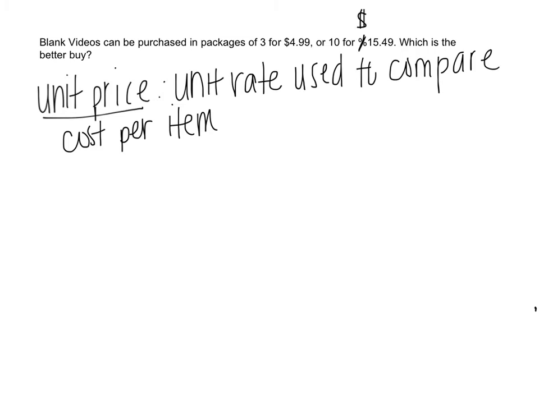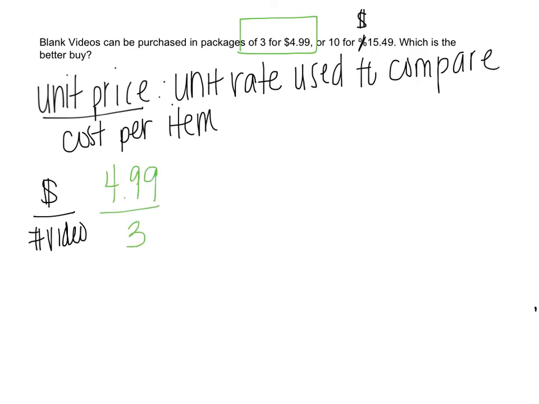So let's start with our comparison. Let's always put our price on top in the numerator, and then whatever we're comparing is the number on the bottom. So this time it's going to be number of videotapes. I'm going to do this first one in green. So my price is $4.99, and I get 3.